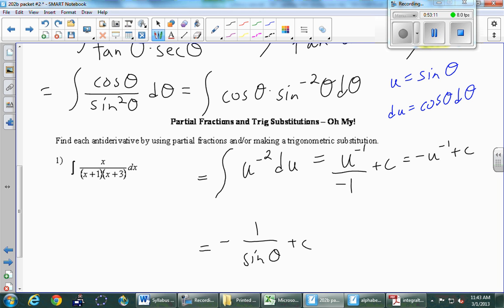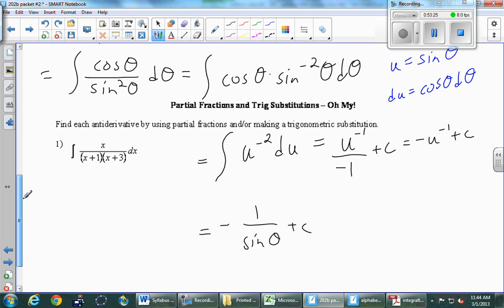And then we're still not quite done. What do we need to do finally? We need to go back to x. Right, this is theta, which was one of our 2 different letters we introduced to solve this problem, but it's not the original letter. So we need to figure out what sine of theta is.